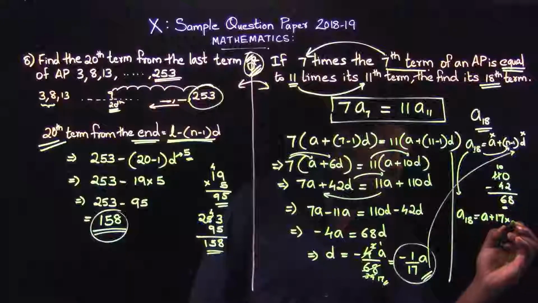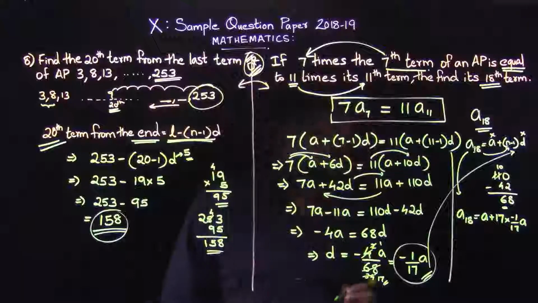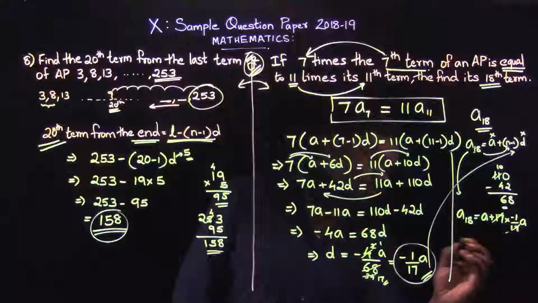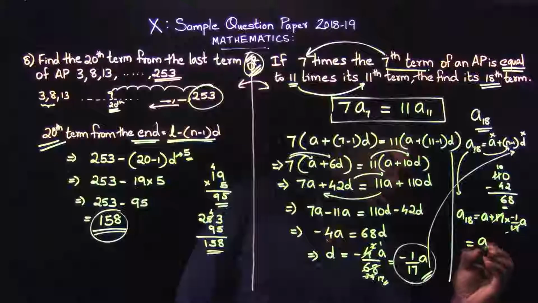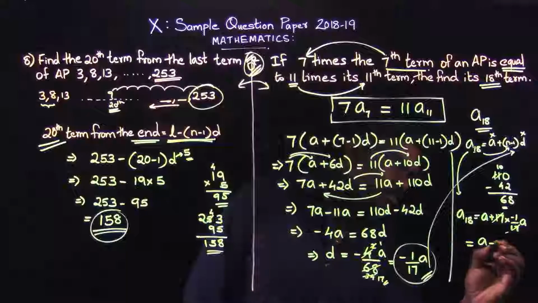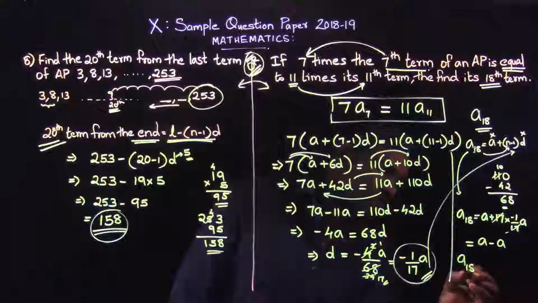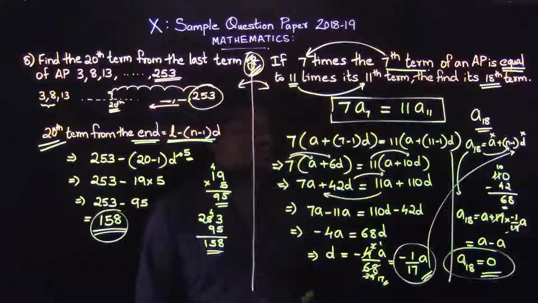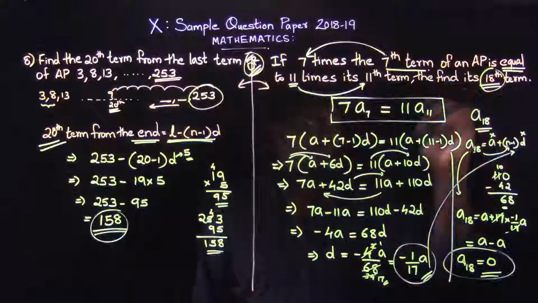That will give me minus 1 by 17a, so the 17 and 17 cancel. What I'm going to get here is a minus a, so a18 is nothing but 0. This is what they asked to find, the 18th term.